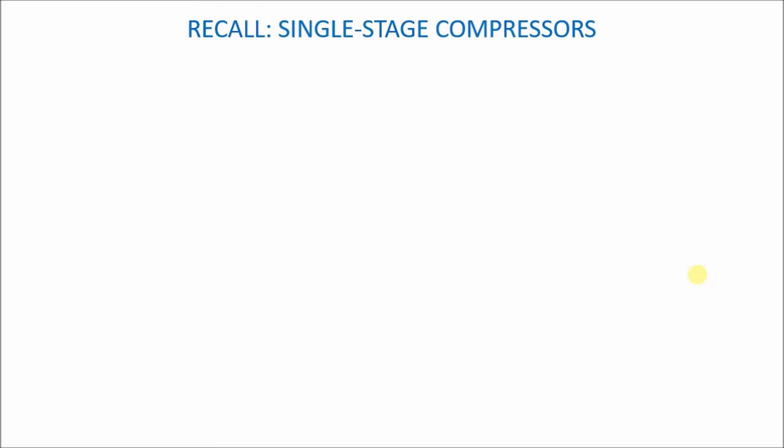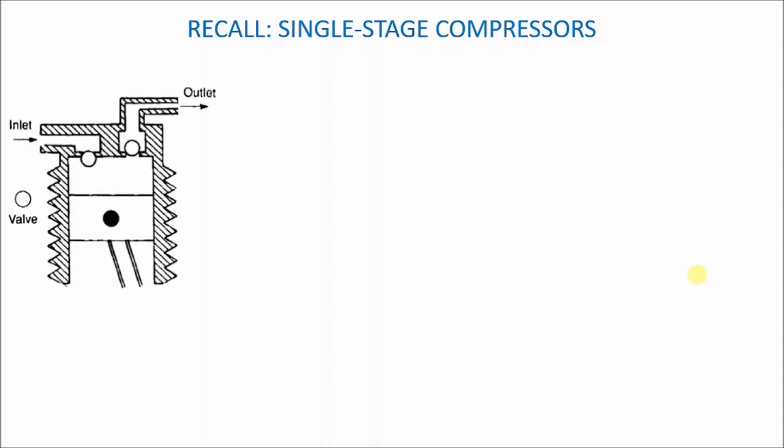So first, let me recall what you did in Power Machines N5. You will remember that in Power Machines N5, we learned about single-stage compressors. And in Power, when we are referring to compressors, we are talking about reciprocating compressors.